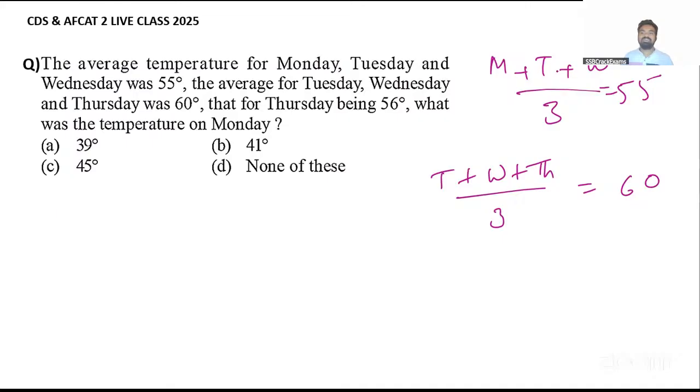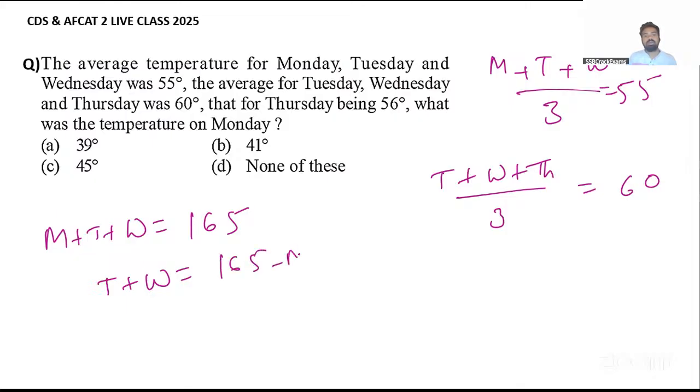So let me tell you how we will do it. This is an easy question. From the first, we can conclude M plus T plus W is equal to 55 into 3, which is 165. So T plus W is equal to 165 minus M. From here, T plus W plus TH is equal to 60 into 3, that is 180.